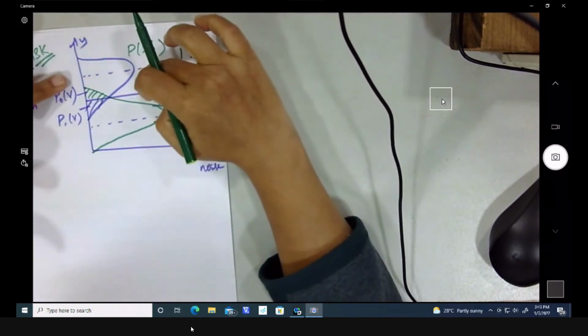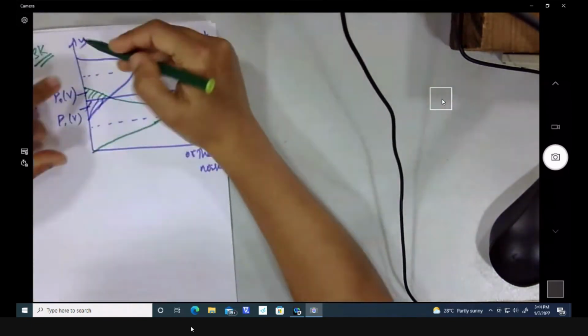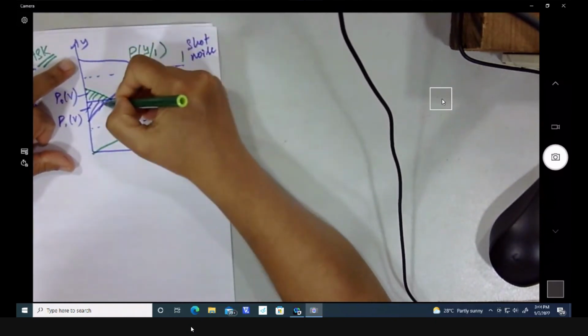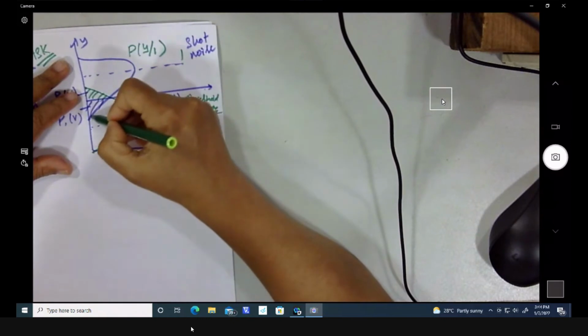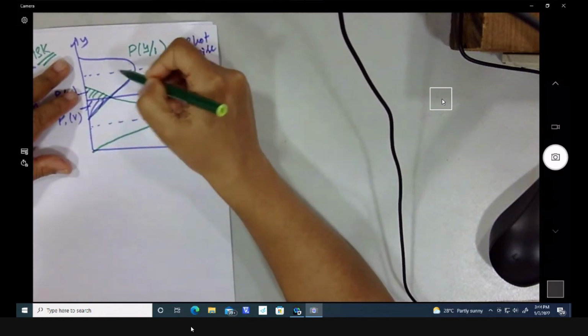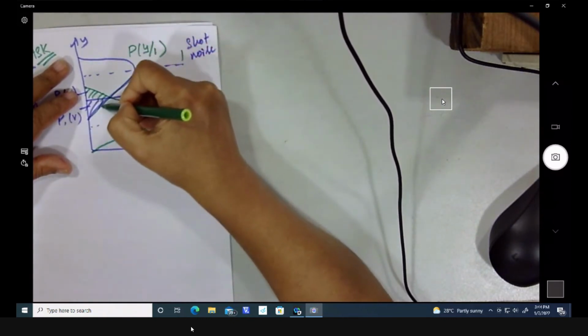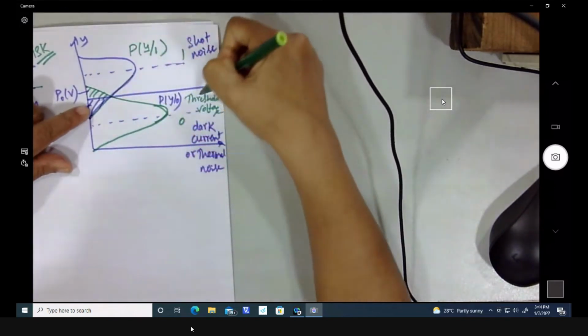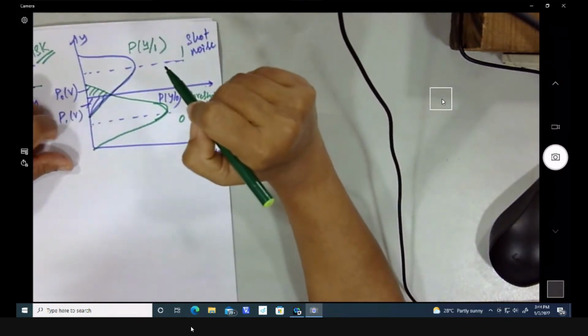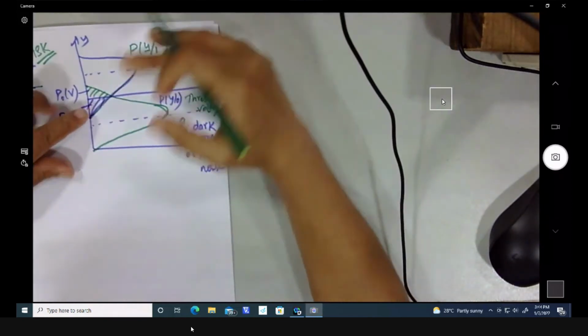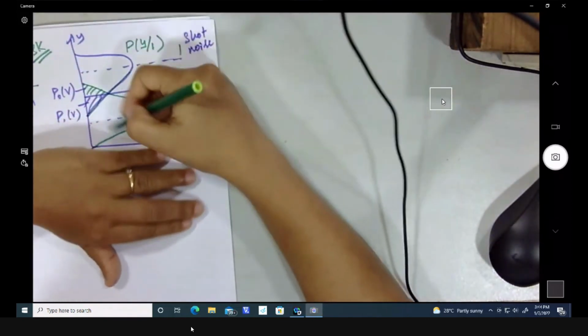The detection of 1 bit should be above the threshold level, but a 1 bit that has been detected below the threshold level will be considered as 0. That is the noise actually. So this is the 0 bit detection.